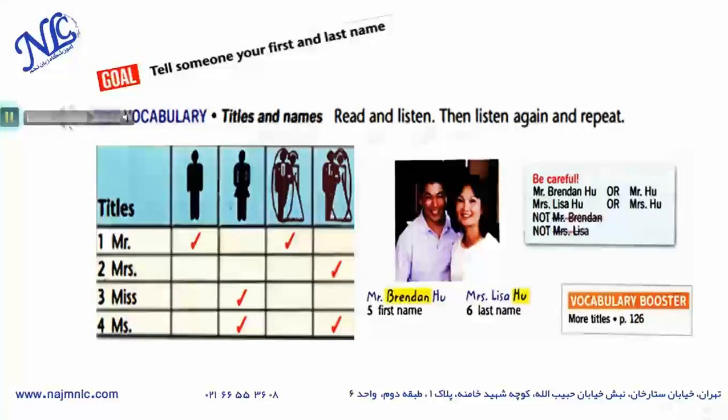Page 14. Exercise 1. Vocabulary. Titles and names. Read and listen. 1, Mr., 2, Mrs., 3, Miss, 4, Ms., 5, first name, 6, last name.